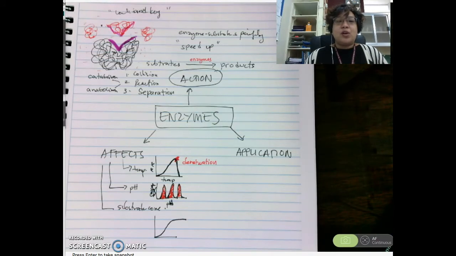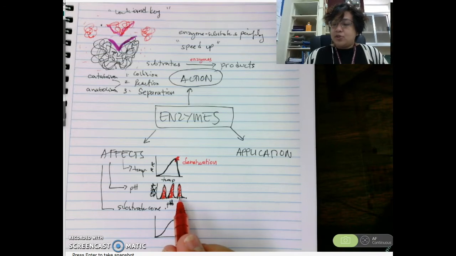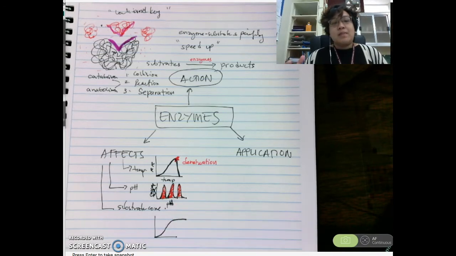Protease enzyme works best in an acidic environment. Then another example is your small intestine, where the pH is about 7 to 8, so that's slightly basic. Enzymes such as lipase work best in your small intestine because the pH is slightly basic, and lipase works best in an optimum pH of a basic environment.